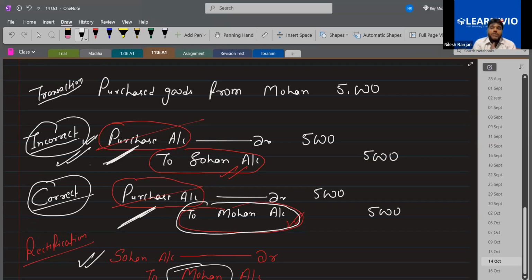Purchase is always on the debit side in both the correct and incorrect entry. That's why we have eliminated the purchase account, because we don't have to do anything with purchase. We don't have to change the place of purchase. That's why I have written this cut on purchase. Tell me if you understood it now. Otherwise, I have to give another example.